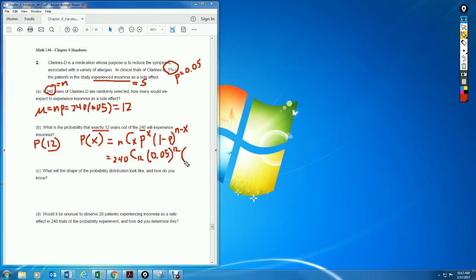And then you're doing 1 minus 0.05, which is 0.95, raised to the 240 minus 12, which would be 228. So if you do all that on your calculator, multiply it out, you should get 0.117.